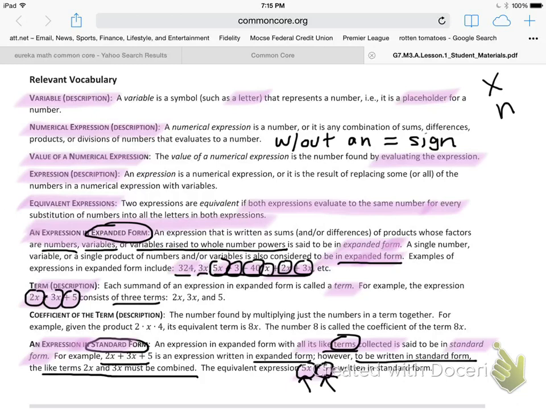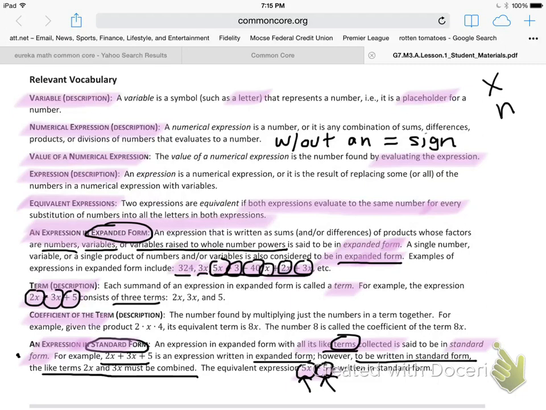So here we are back at our relevant vocabulary. The last thing we talked about was an expression in standard form. The last definition here is a term I've been using, and hopefully not confusing you: coefficient of the term.